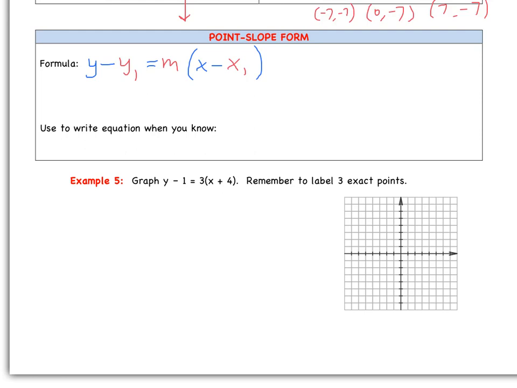Okay, here we have our slope m, and the point that our line passes through is this (x1, y1).